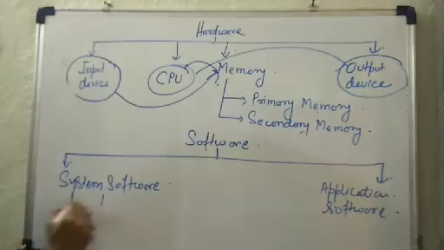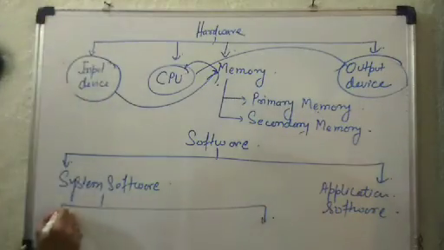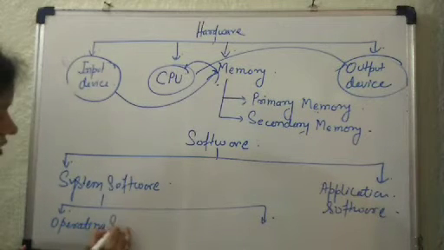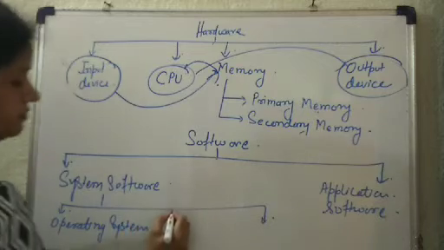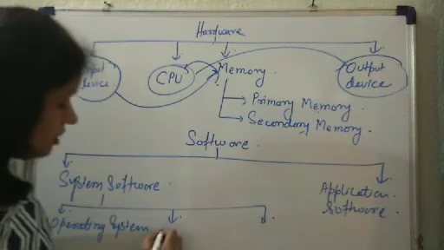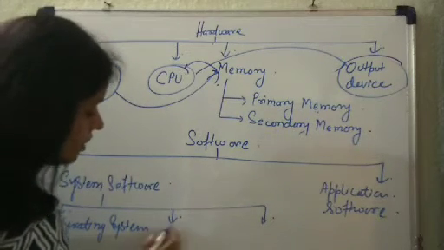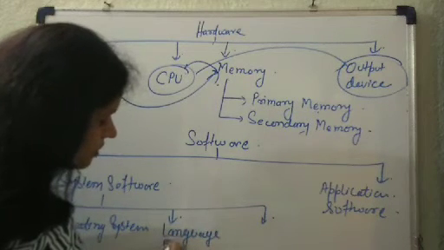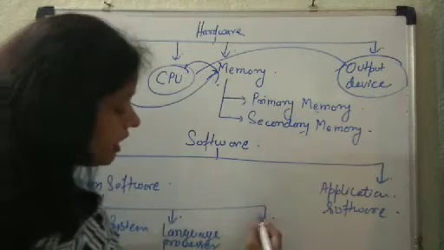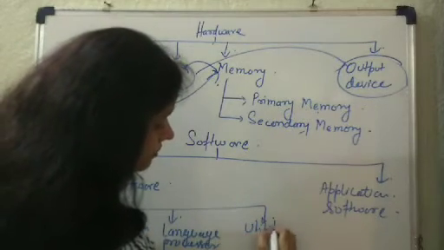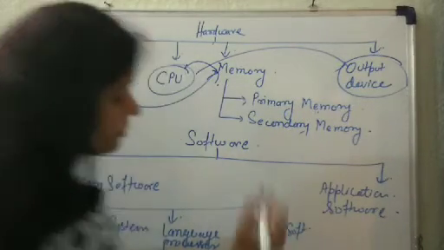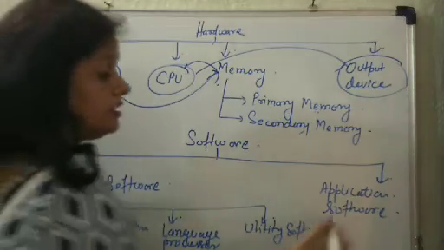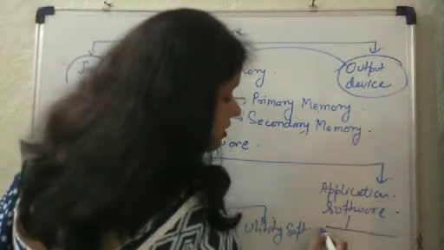System software is categorized into operating system, language processor, and utility software. And here is the application software.